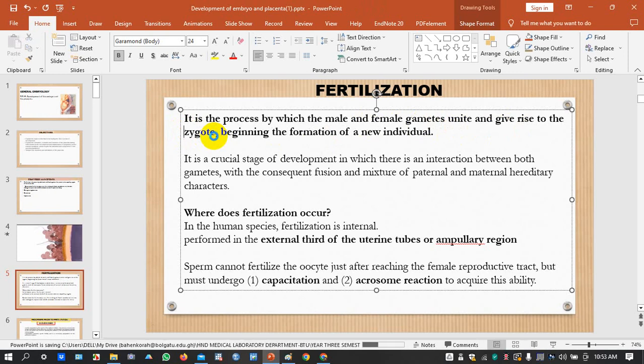So the zygote is produced, not the egg. If you see it in your slide, correct it. It is a crucial stage of development in which there is an interaction between both gametes, with the consequent fusion and mixture of paternal and maternal hereditary characteristics.